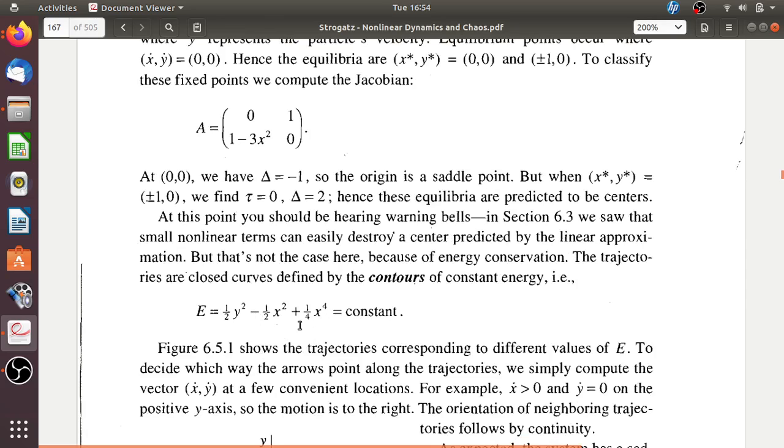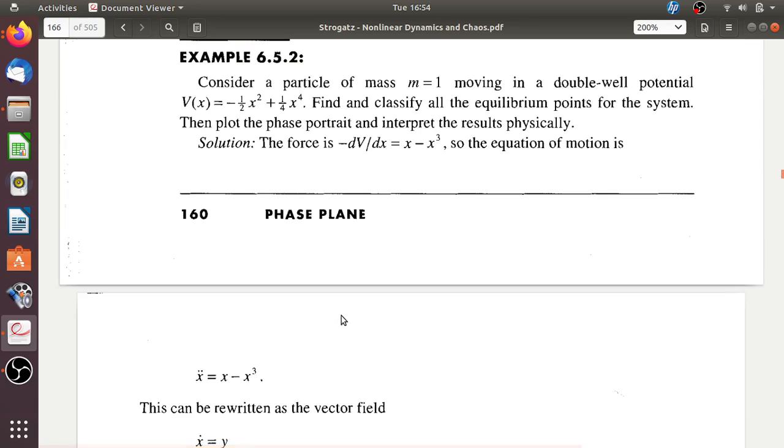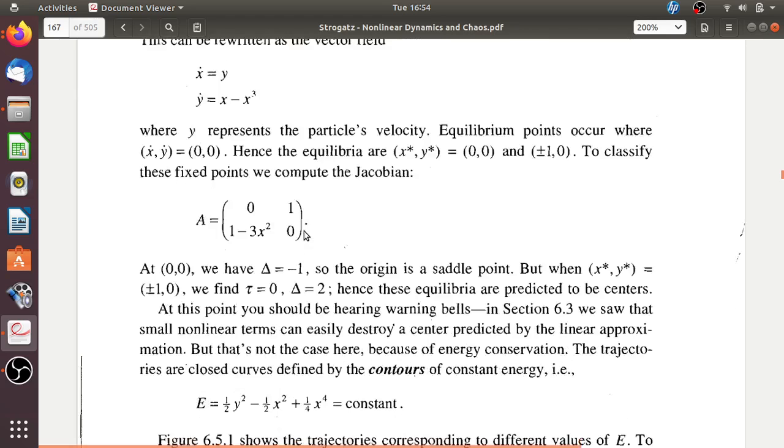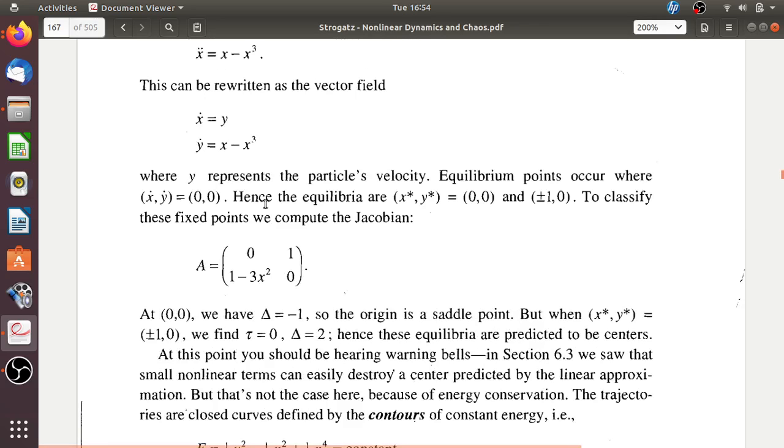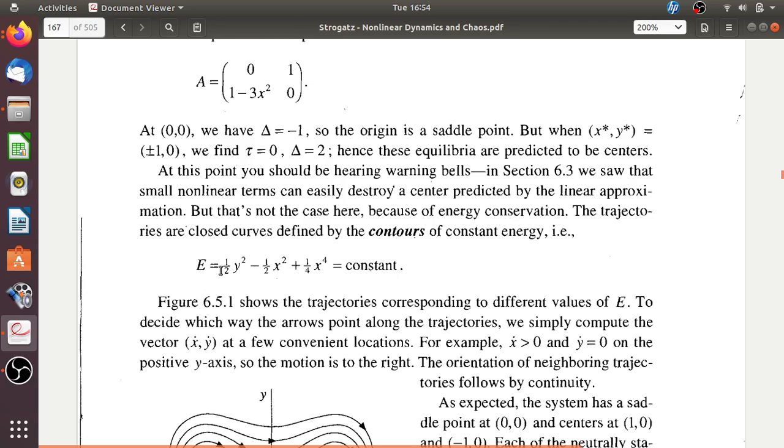The second part, minus 1 by 2 x square plus 1 by 4 x to the power of 4, comes from the potential energy, and the kinetic energy, which is half m v square, where m is 1, v square is x dot square, which is y square. Therefore we have this term, and this whole thing is conserved for this system.